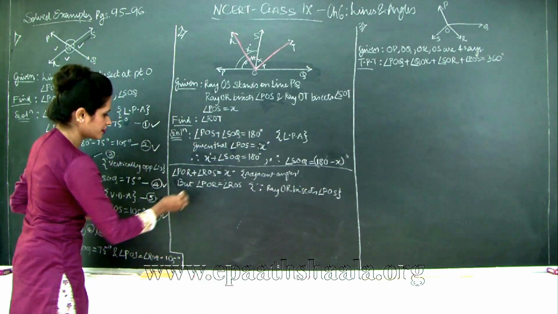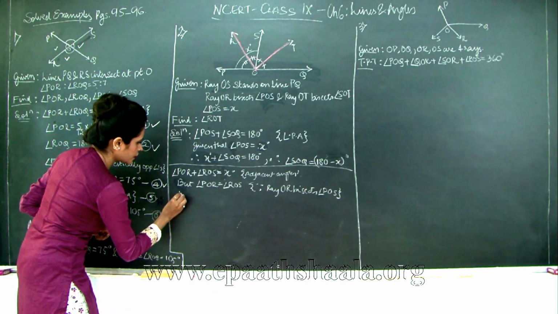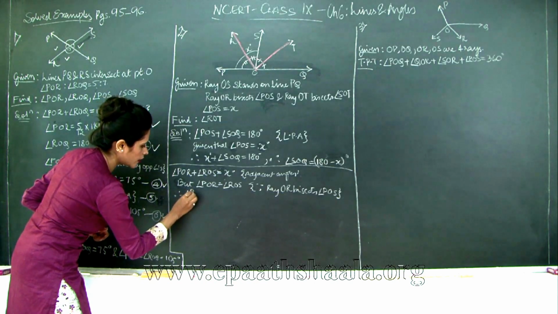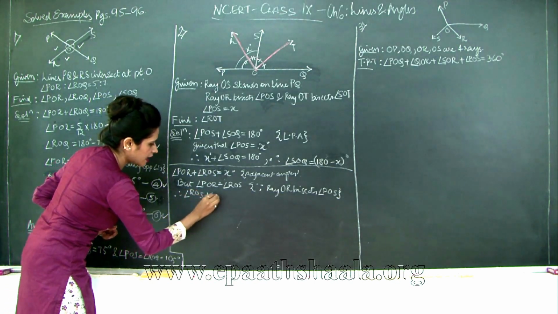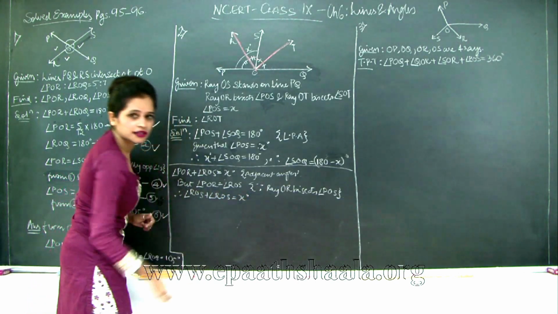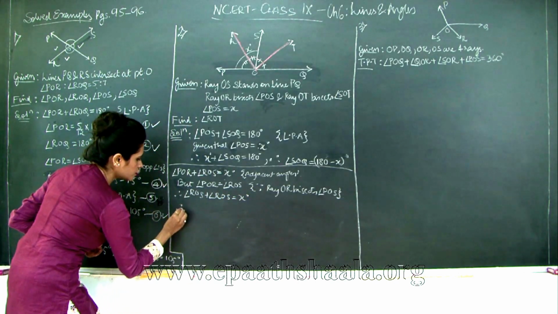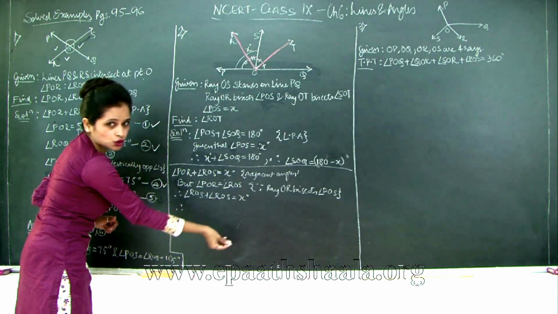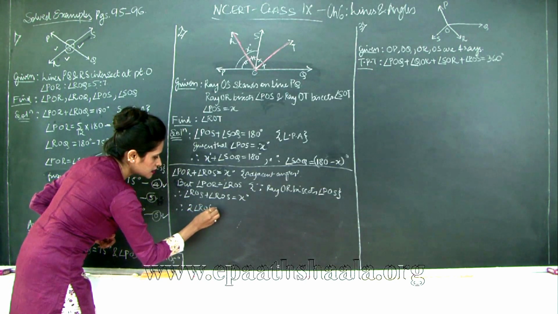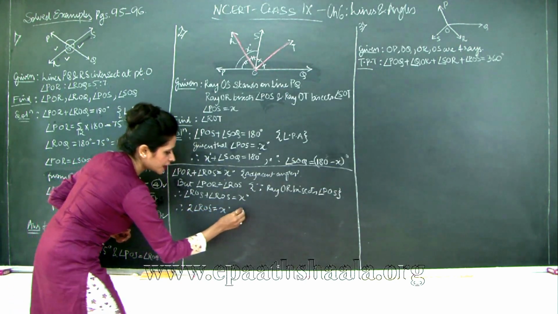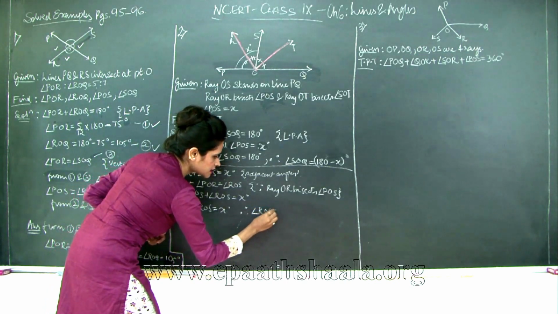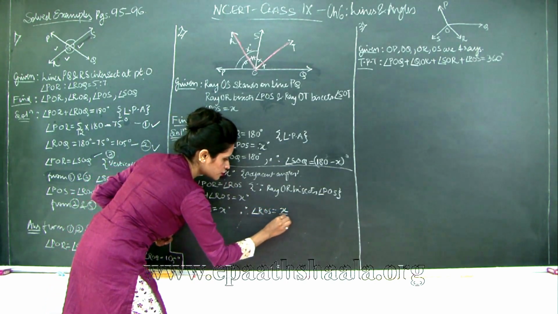Therefore, we can rewrite the statement as angle ROS plus angle ROS is equal to x degrees. Correct? Therefore, now this is apple plus apple, which is 2 apples. So 2 angle ROS is equal to x degrees. Therefore, angle ROS is equal to x upon 2 degrees.